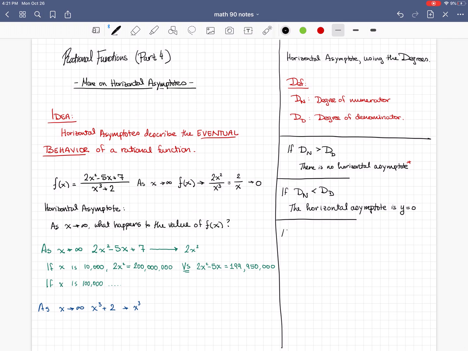And then last but not least, if the degree of the numerator is equal to the degree of the denominator, and I'll do a quick example with you on that in a second, the horizontal asymptote comes from the ratio of the leading coefficients.